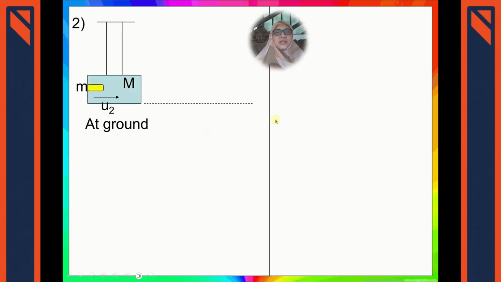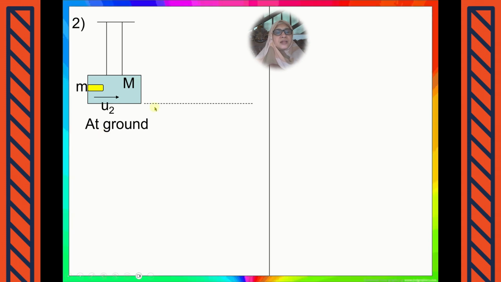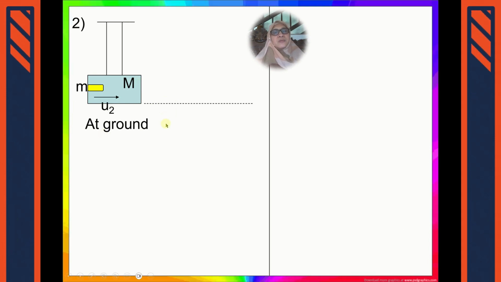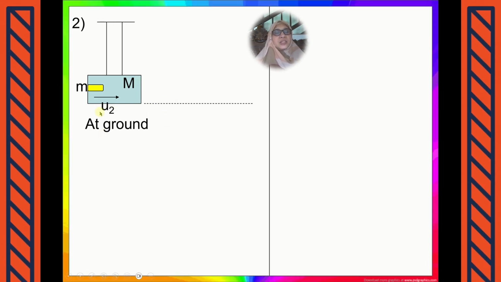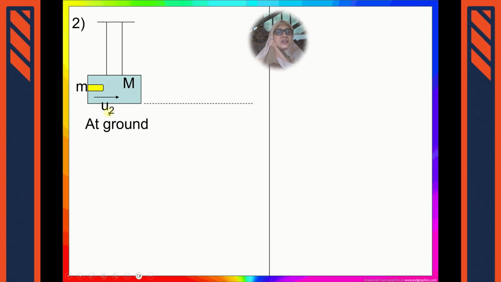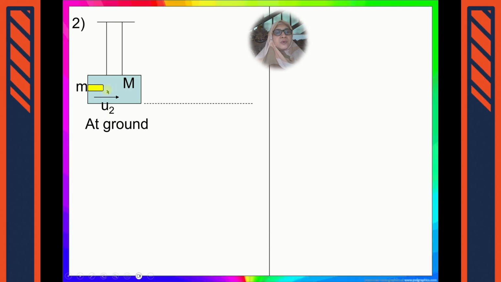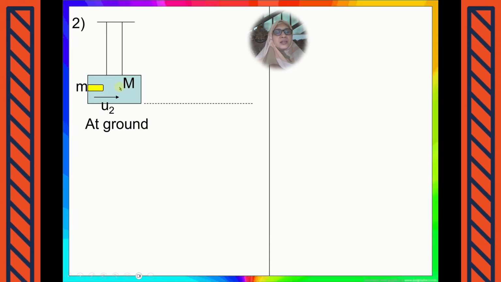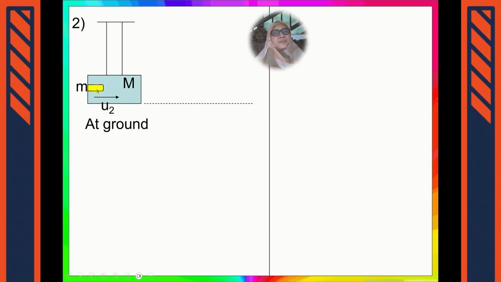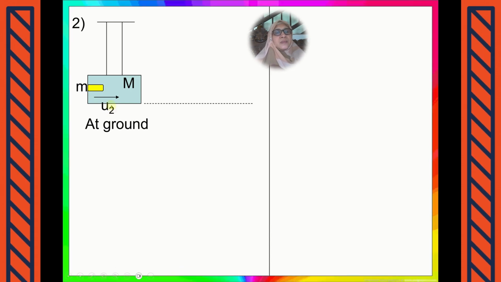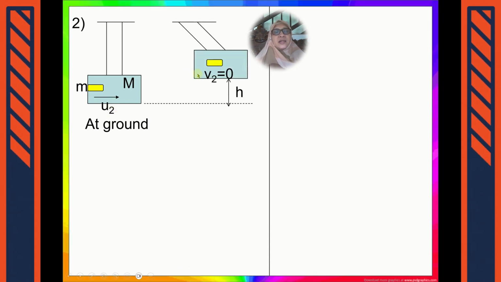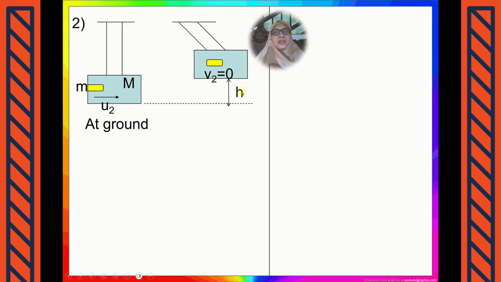Okay, we divide into two parts. For the first part, we are going to use the principle of conservation of energy to determine the speed of both the block and the bullet when the bullet hits the block, the pendulum. We name it u2, and then both of them reach the maximum height h.